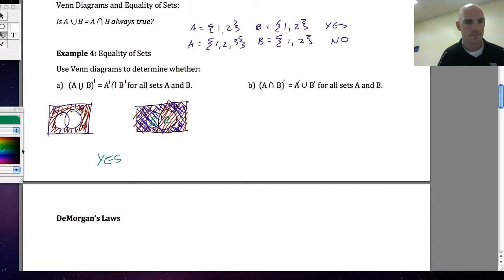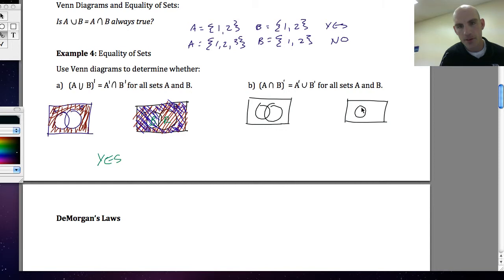Let's look at this next one. We'll draw a couple of Venn diagrams. And in both of these cases, we're still only using 2 different sets. Eventually we will get to using 3. A intersect B prime. Well, A intersect B would be this part here.